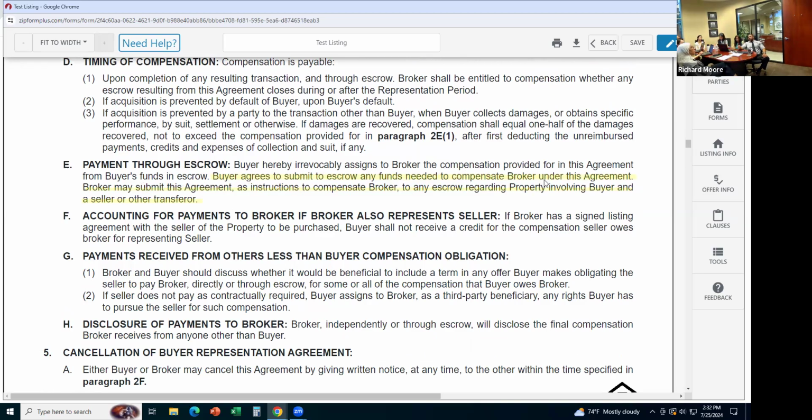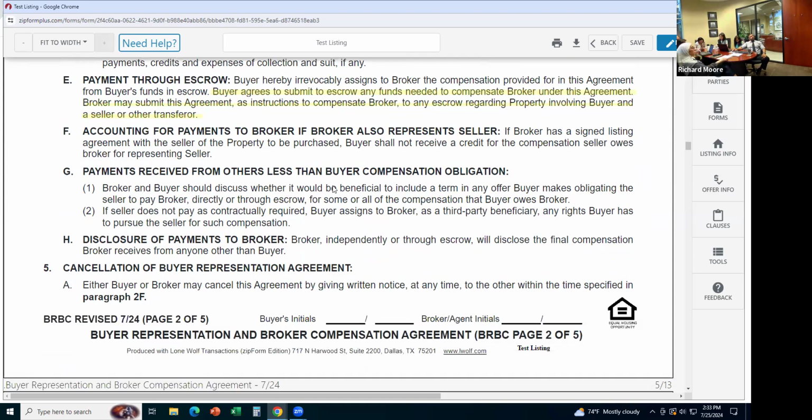So the buyer, by signing this, is saying that they're going to submit the money for the broker's commission to escrow. Yes. Yeah, so, as instructed, escrow and recording property involving buyer and seller. So just so you know, when they sign this, they're agreeing that they're going to submit the money to escrow for your commission, because that's how we get paid, through escrow.